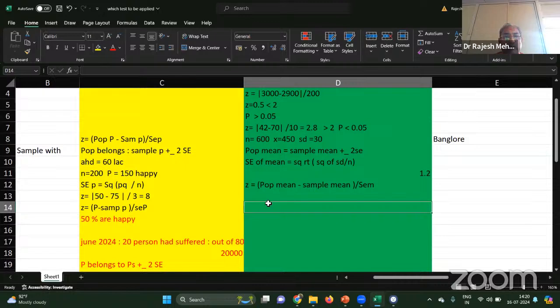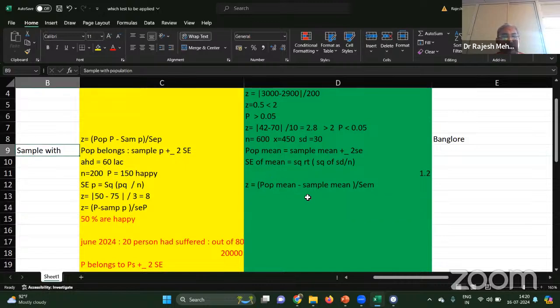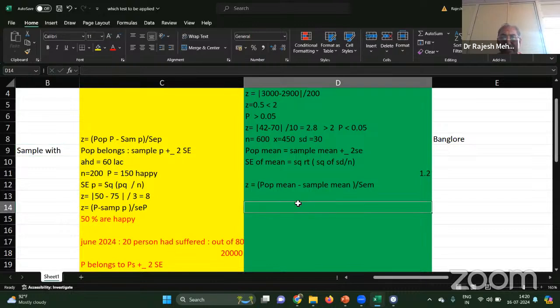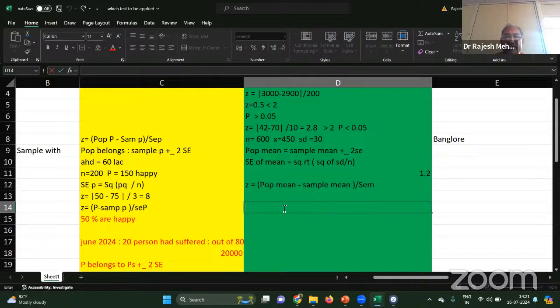Now we need to have a comparison between the population and the sample, same example of the flat people, right? The sickness in this case, we'll say the duration of sickness in the flat per year. Flat people, mean duration is 42 days and standard deviation 10 days.